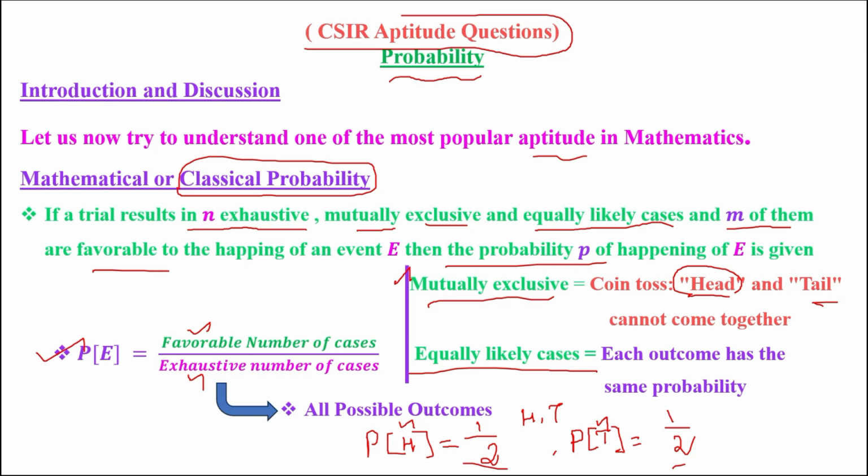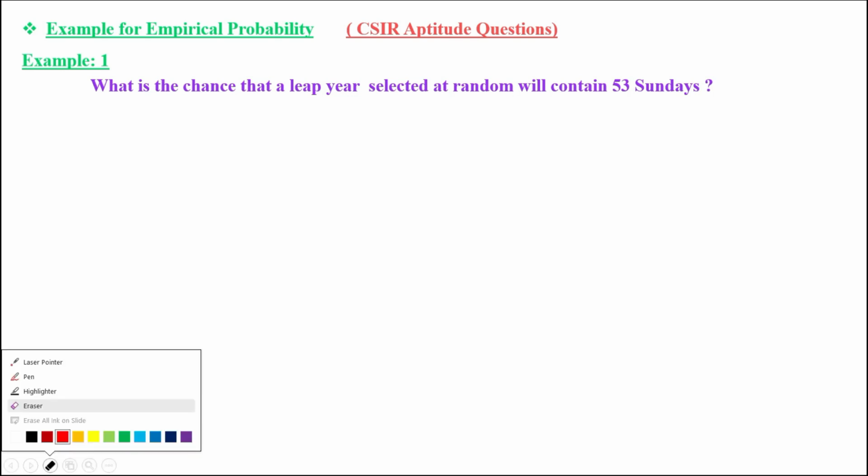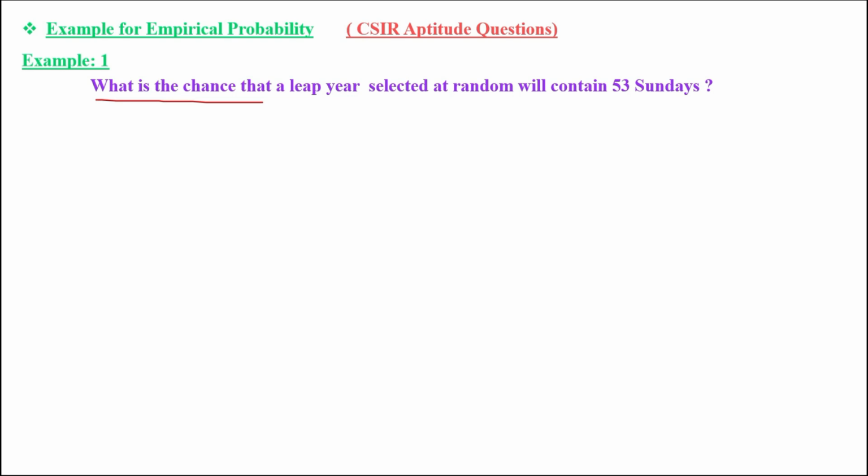You understand this concept about probability. Next we discuss an example that is a very important aptitude question in probability. What is the chance that a leap year selected at random will contain 53 Sundays?